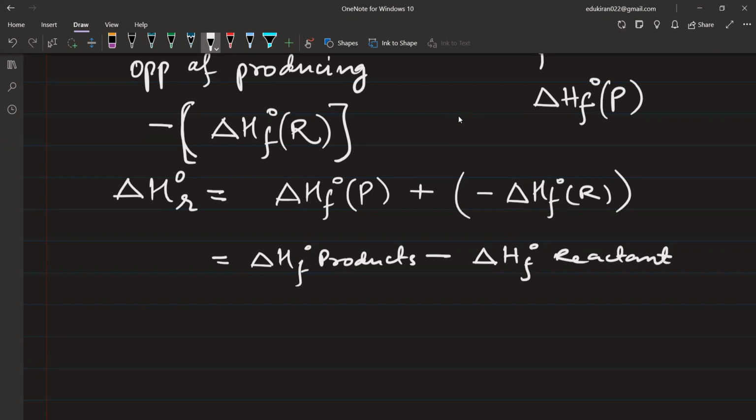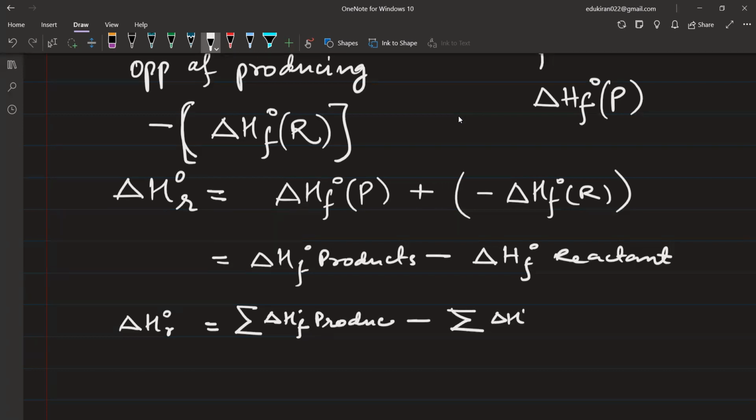But if you have multiple products, then the delta H naught R, that means enthalpy of reaction, will be the sum of all the delta HF naught of the products minus the sum of all the delta HF naught, standard enthalpy of formation, of the reactants.